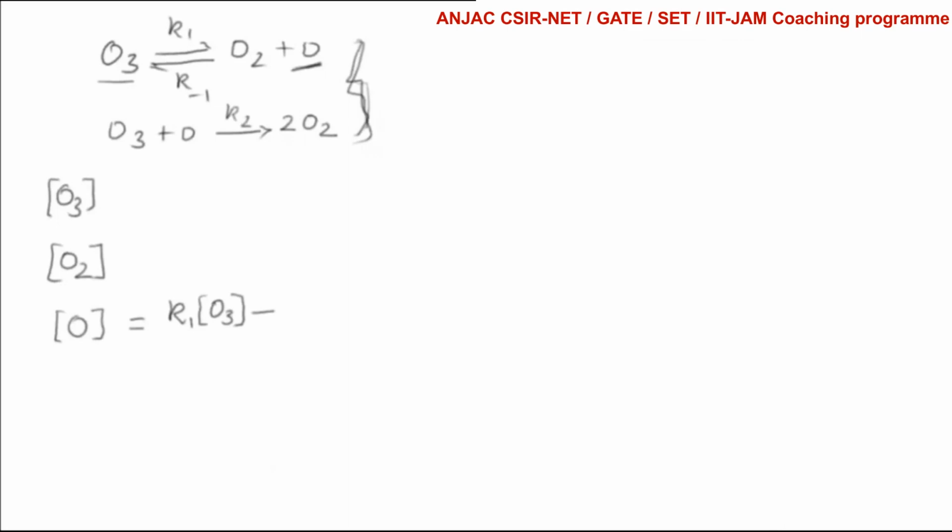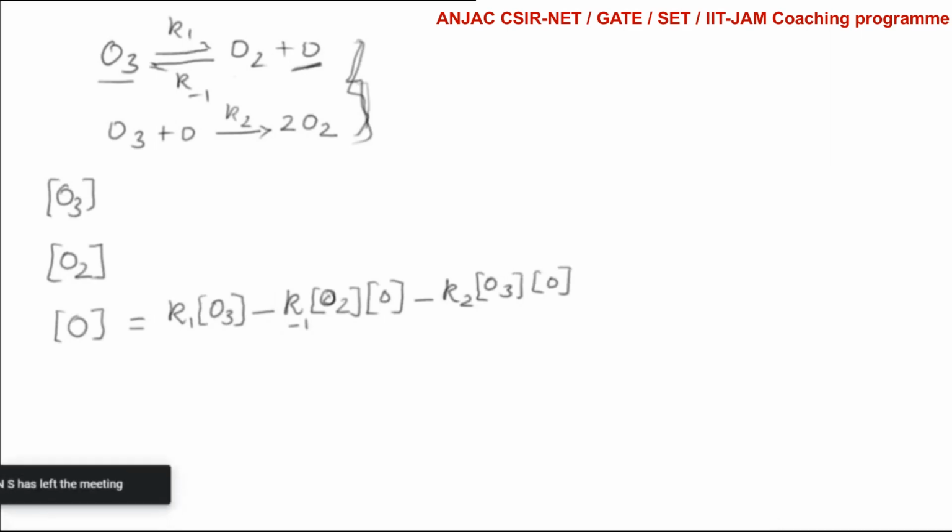Therefore, the concentration is reduced at the rate of K inverse 1, which depends upon the concentration of O2 as well as the concentration of O. Here this step finishes, and in the second step, the concentration of O is decreased, therefore minus K2 into the concentration of ozone into the concentration of O.